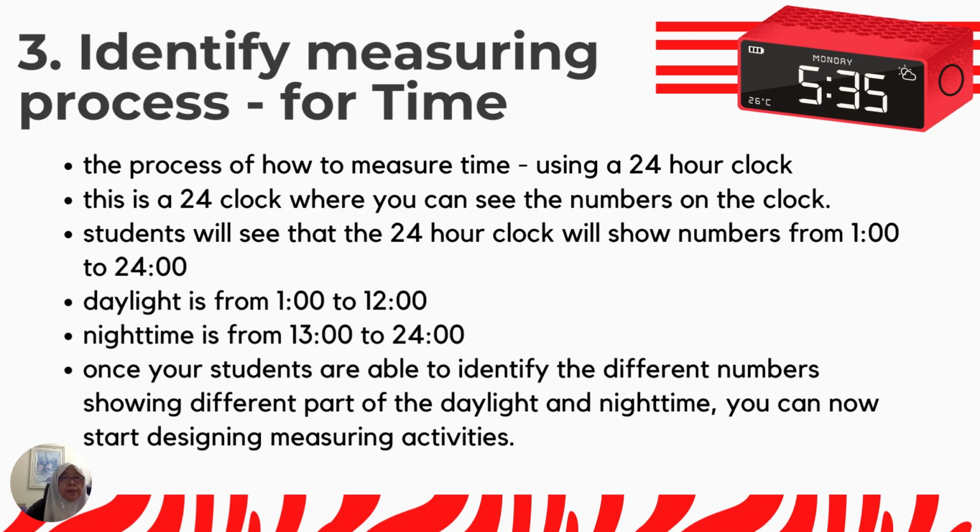That means AM. Okay, from 1 a.m. to 12 p.m. So that means it starts from 1 to 12. And then nighttime is from 13 to 24 or 0000. So you need to show this to your students, how they read the 24-hour clock. So once your students are able to identify the different numbers to show whether it's daylight or it's nighttime, or AM and PM, you can now start designing measuring activities.